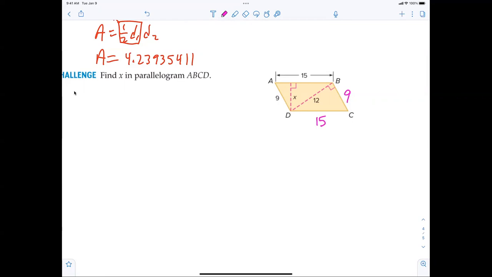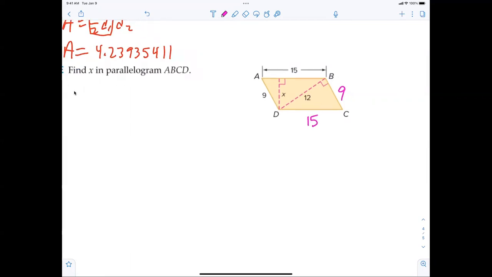Okay. So last chapter, we learned something. We learned area of a triangle is what? There's so many good ways of doing this.